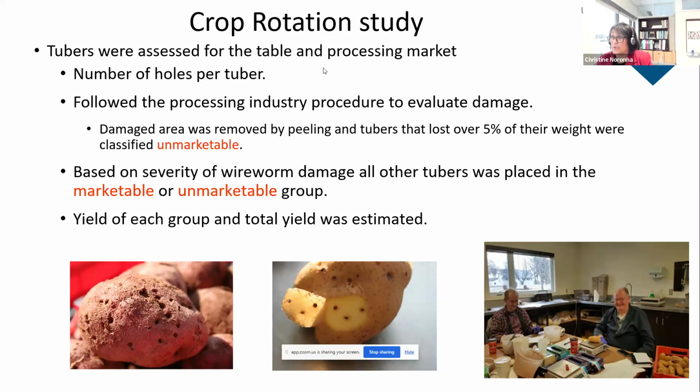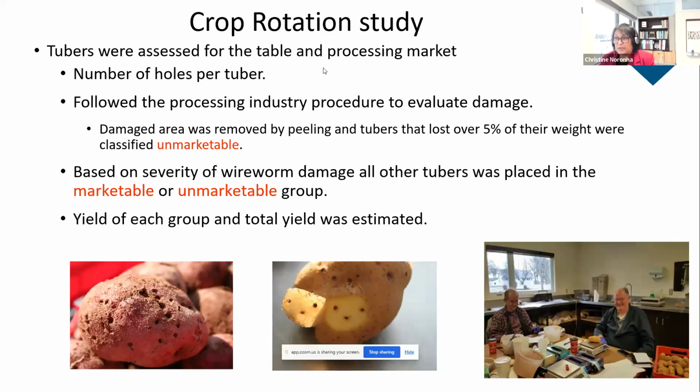For the processing market, we went to a processor and found out how they evaluate damage. Usually the damaged area is removed by peeling the tuber, and if the tuber loses over 5% of its weight, it is classified as unmarketable.